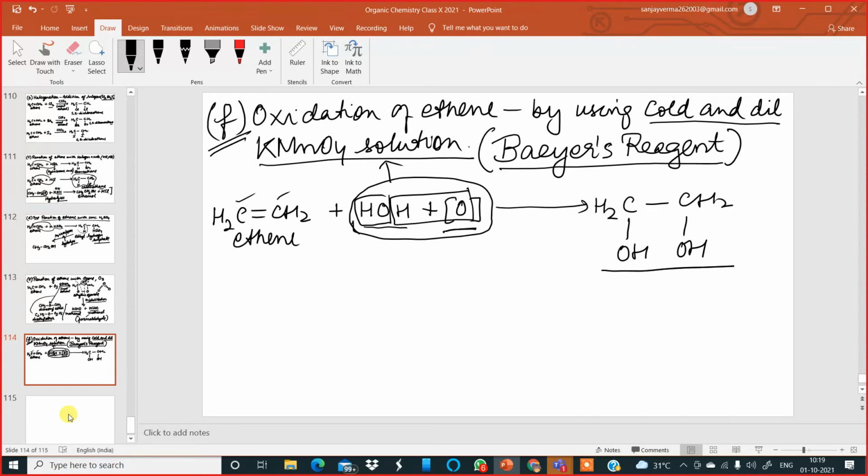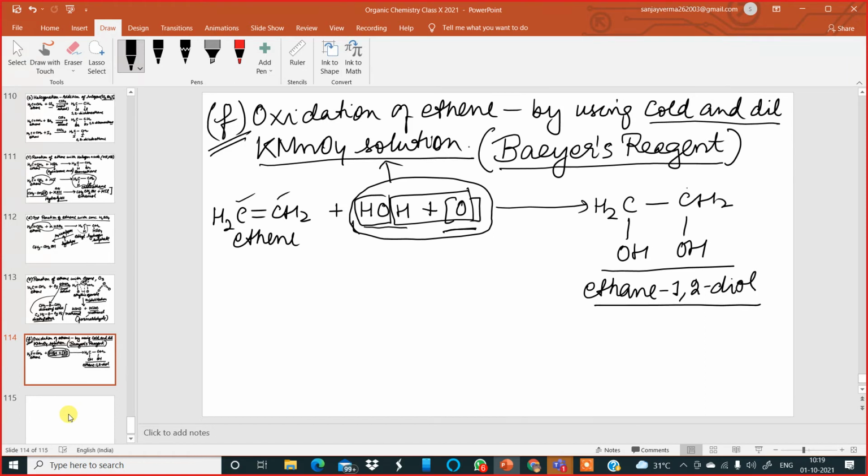And this compound is a very important synthetic product which is prepared by using organic chemistry. It has two carbon atoms, so it is called ethane-1,2-diol. Two times alcohol, so diol.